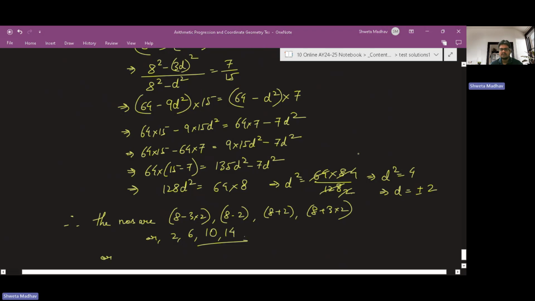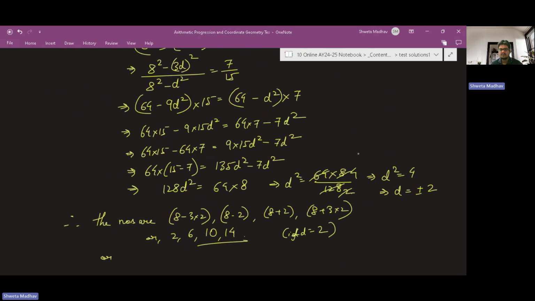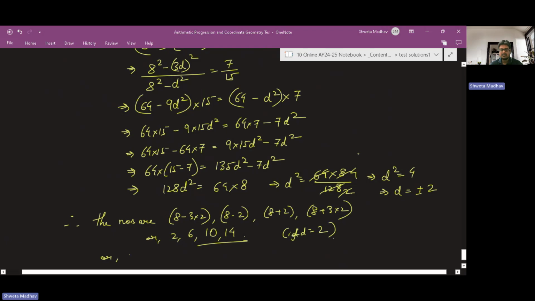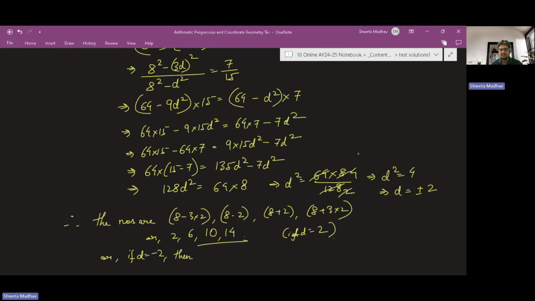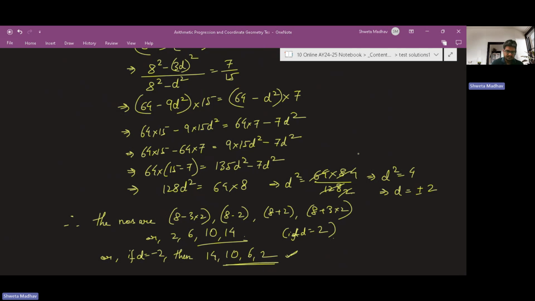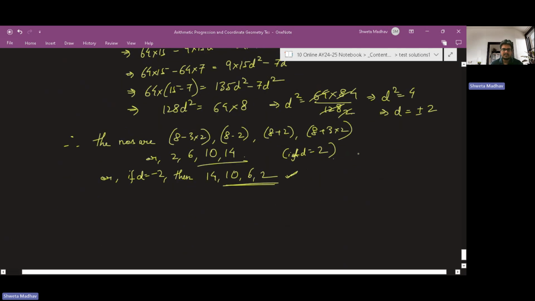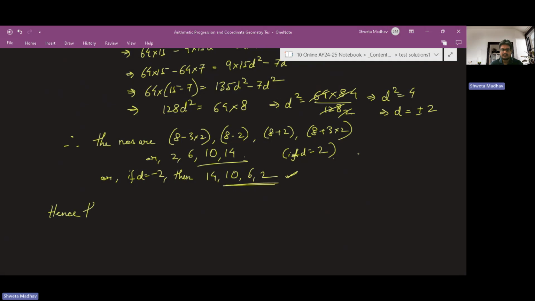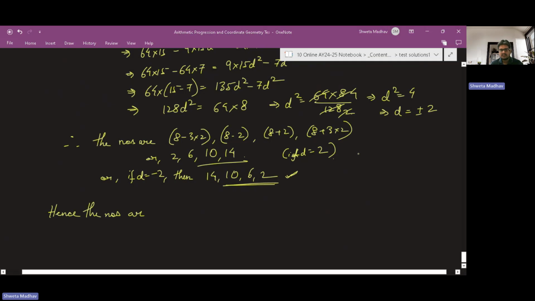This comes if we take d as 2, or if we take d as minus 2, then we will get the numbers as 14, 10, 6, and 2. So it means we get the same set of 4 numbers. Hence the required numbers are 2, 6, 10, and 14.